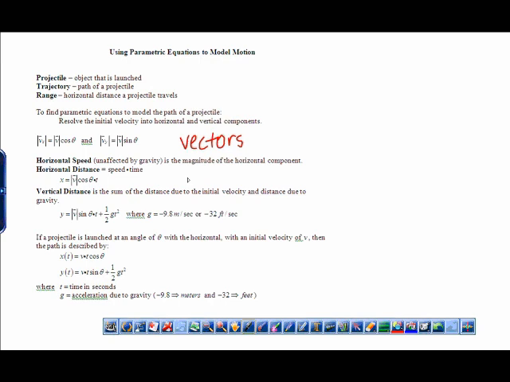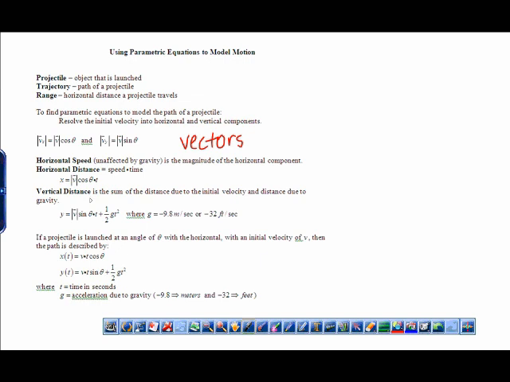And the horizontal distance is going to be its speed times time. So if you look at this x value right here, this is your horizontal distance. This is the magnitude of the vector times cosine of theta times your time. So it's the speed times the time.